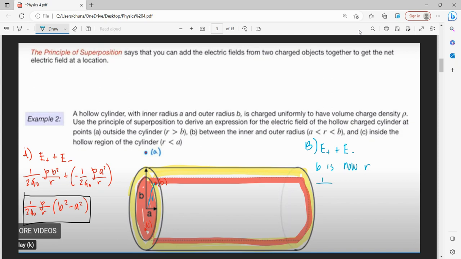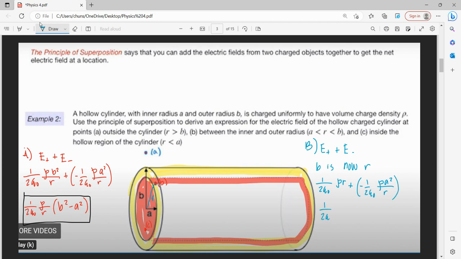So if we do this again, this is 1 over 2 epsilon 0 rho r squared over r, and we can just simplify that to r, right, because they cancel out. And this is plus negative 1 over 2 epsilon 0 a squared times rho over r.